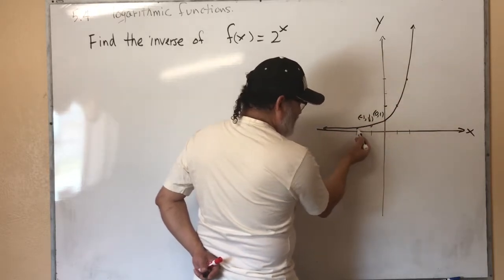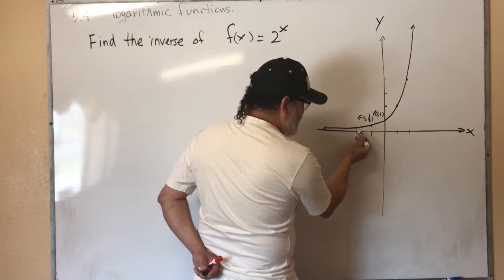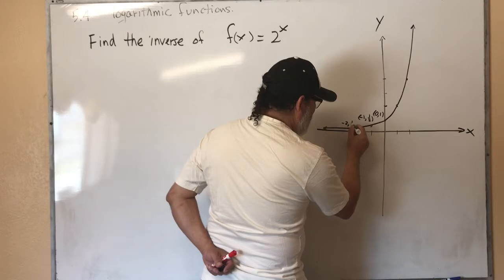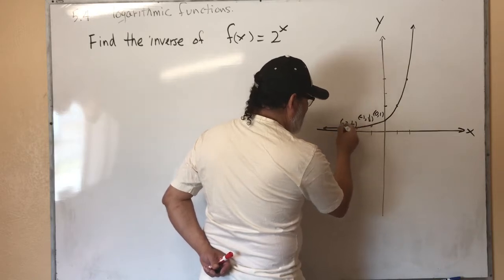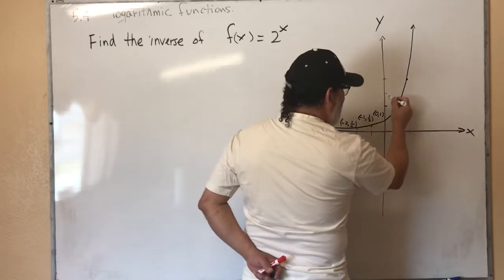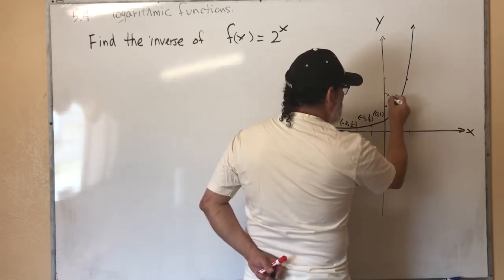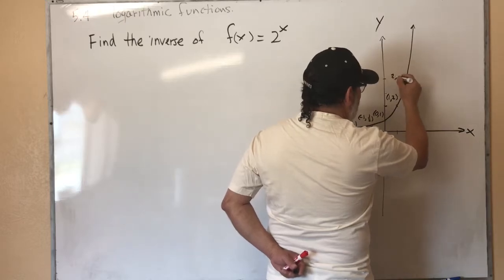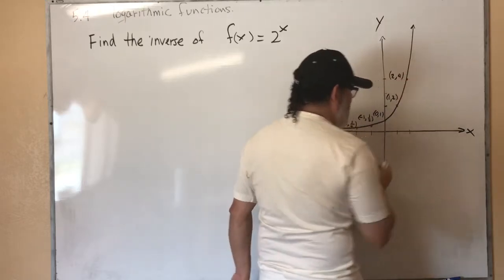This point is negative 2, 1/4. What about this point? This point is 1, 2. What about this point? This point is 2, 4. There we go.